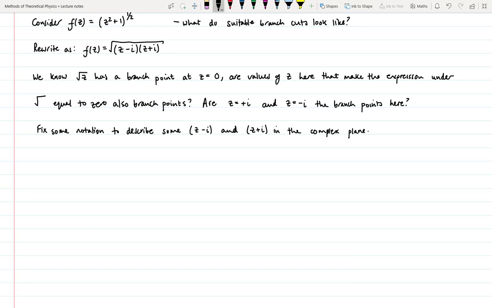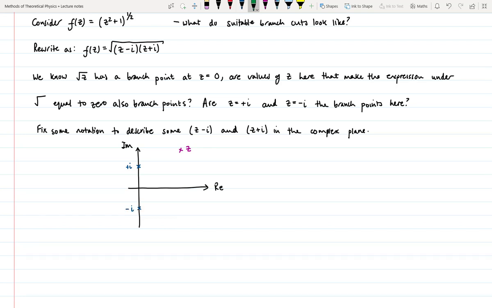I'll draw a picture, where we have our imaginary and real axes. And we're going to be considering some arbitrary point in the complex plane labelled by z. Our points of interest, the things that we suspect are going to be branch points, are at plus i and minus i.